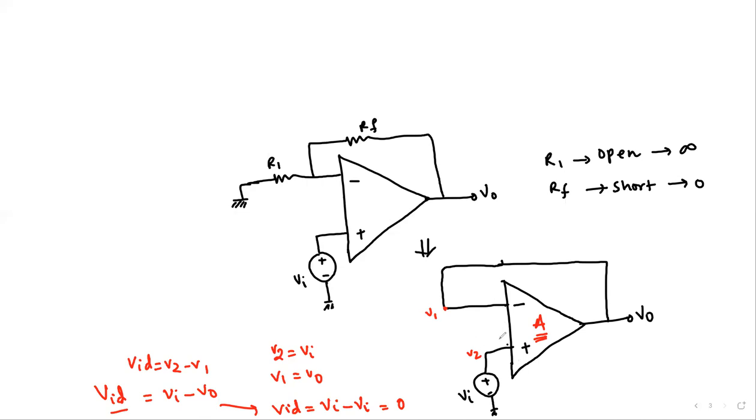So in other words, V2 is equal to V1, and therefore this VI comes over here, and V1 is equal to VO. So therefore we see that VO is nothing but VI.